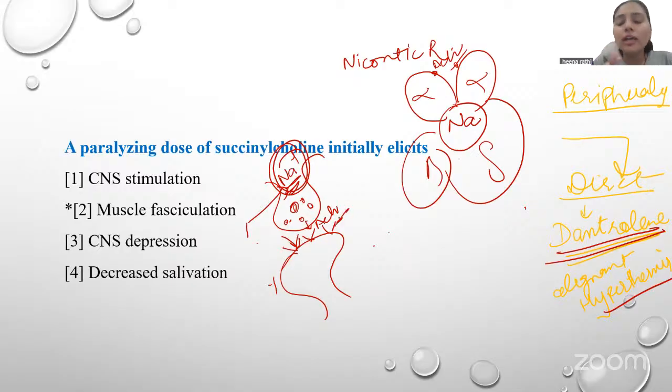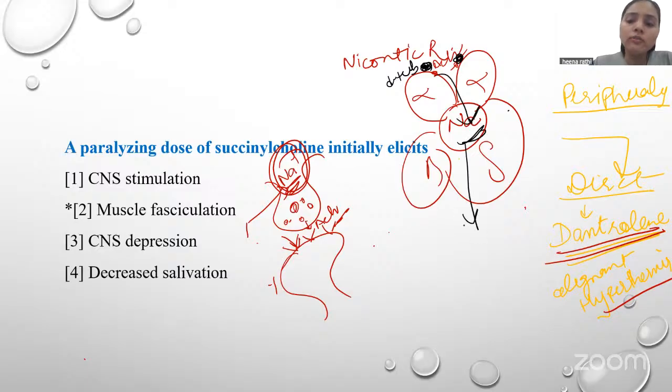So what happens with skeletal muscle relaxants, especially the non-depolarizing type? The non-depolarizing skeletal muscle relaxant, such as D-tubocurarine, binds on the acetylcholine binding site. So the sodium channel will not open.